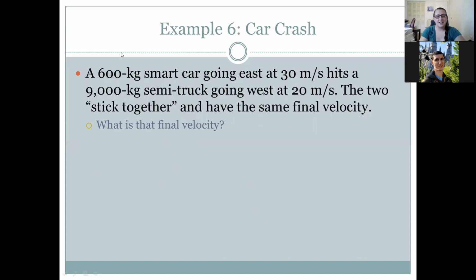Perfectly inelastic. Good. Yeah, this is perfectly inelastic because they are sticking together. Okay, anyway. So we want to know what that final velocity is in this collision.